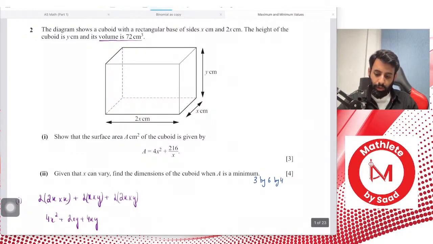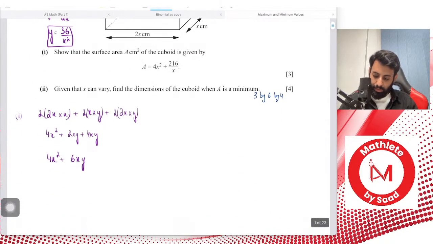So the volume of this cuboid is going to be 2x times x times y, and what is that equal to? That's equal to 72. With the help of this, we can make y the subject, and y equals 72 upon 2x square. So 72 upon 2 is 36, and now we have 36 upon x square. So 36 upon x square is what we're replacing y with.